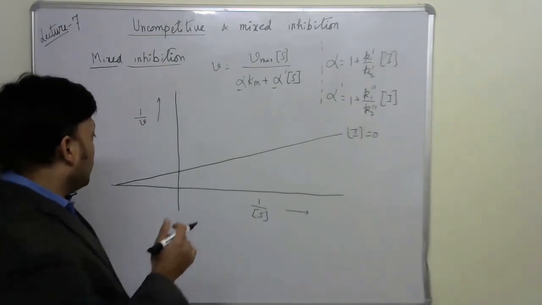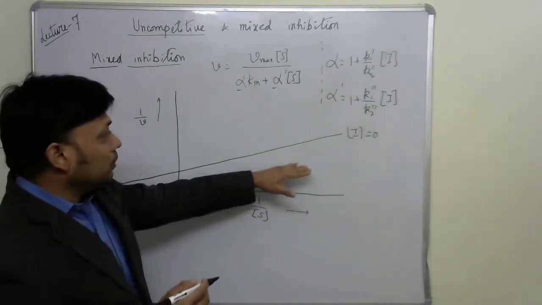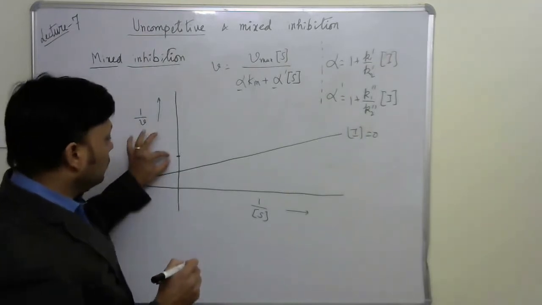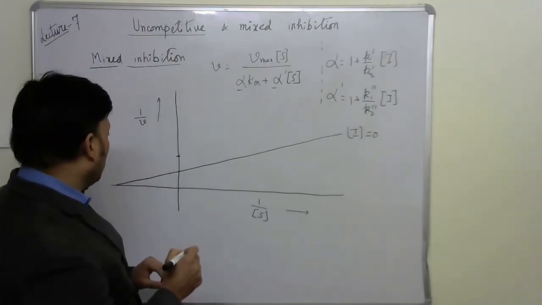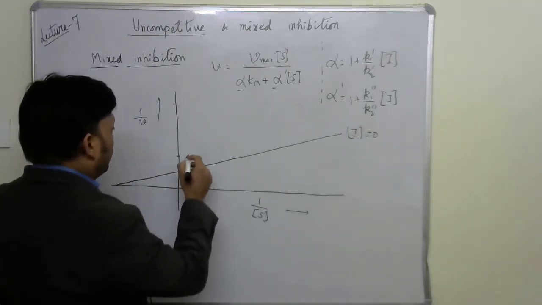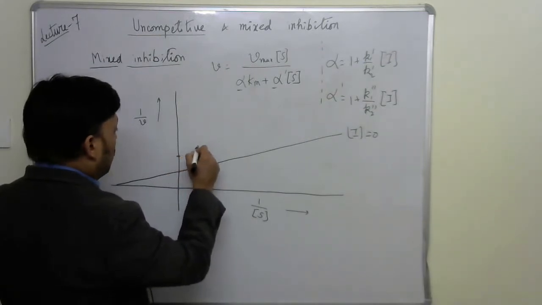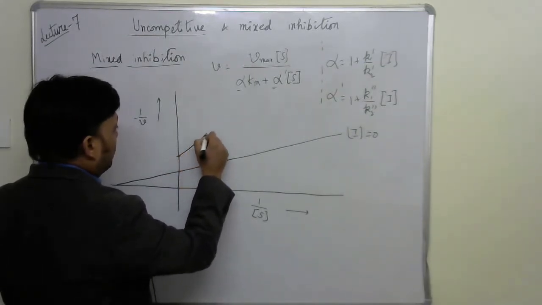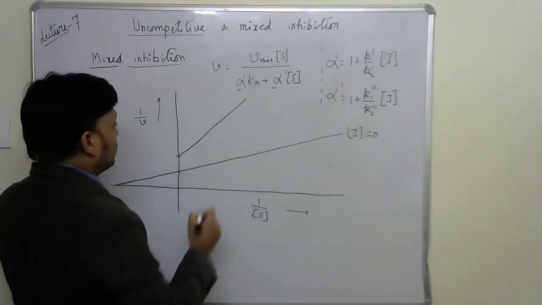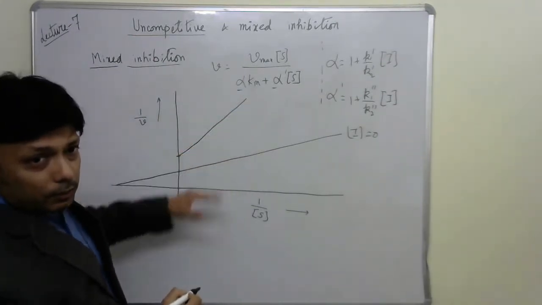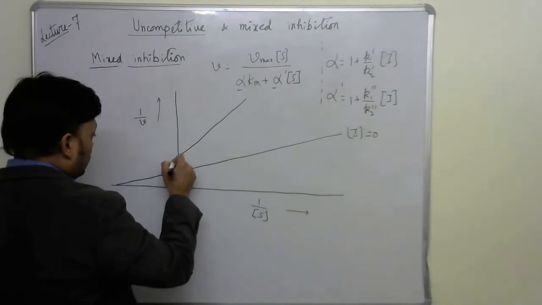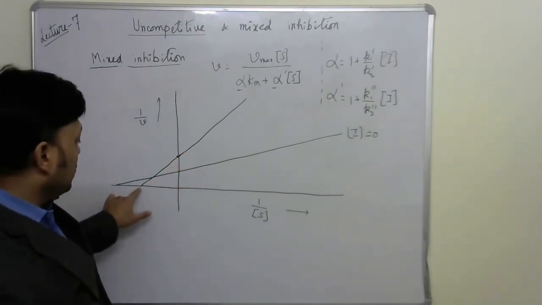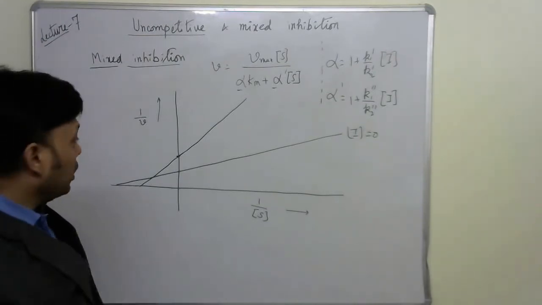So therefore, for increasing I, let's take an arbitrary case where this is an increased intercept, and therefore we are thinking about an increased slope. So let's draw something like that. Okay, so this straight line represents an increased slope, so we can extrapolate here, and this intercept will also change.